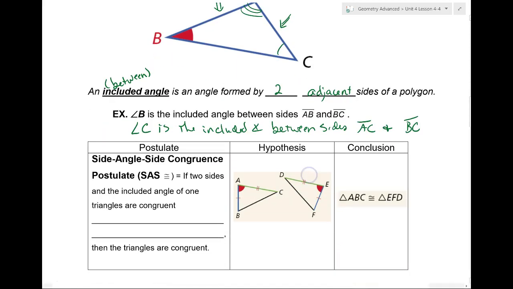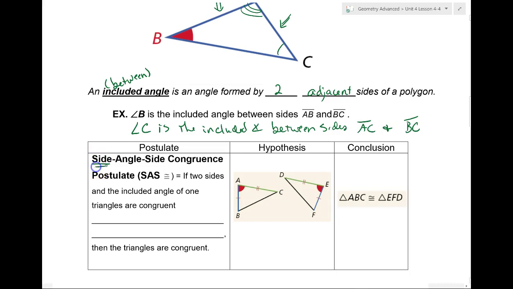Now we actually have another one. When we're working with this, we're talking about what's called the side angle side congruence postulate. Now guys, location means everything. How the letters are spelled, put together, tells us something. And that also means how it has to be located on the actual triangle itself. So side angle side congruence. So without writing anything down, how many pairs of congruent sides do you think we're going to need?